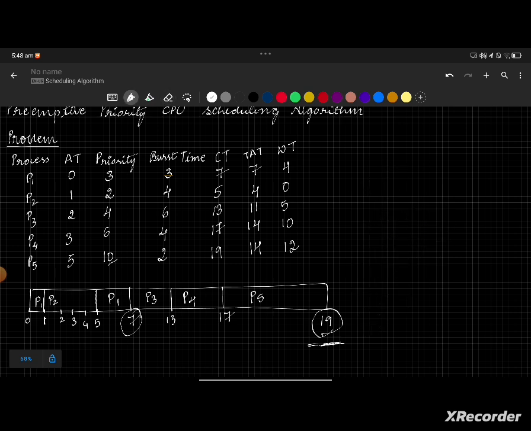You also need to find the average turnaround time.